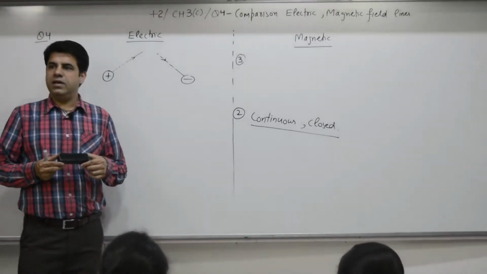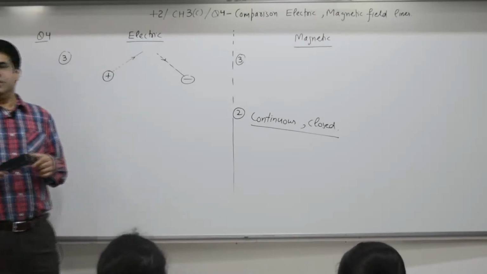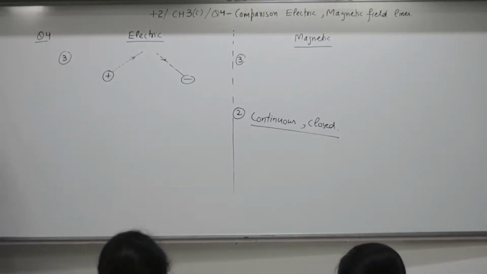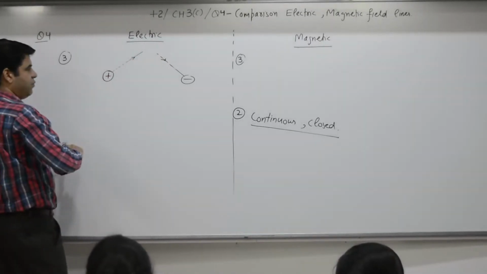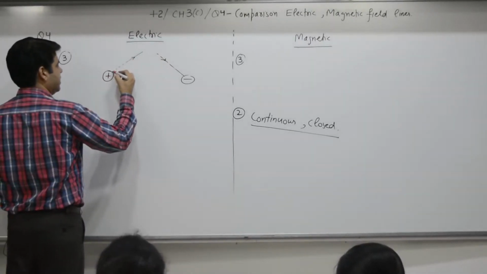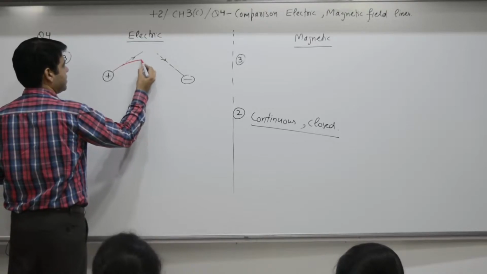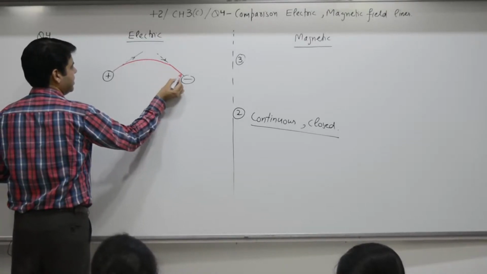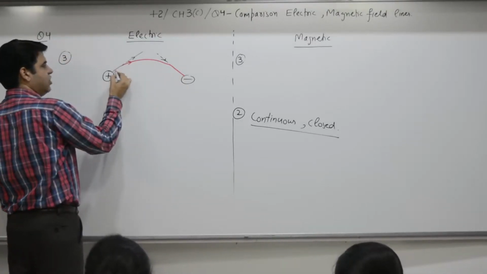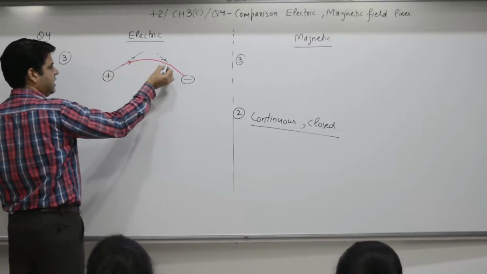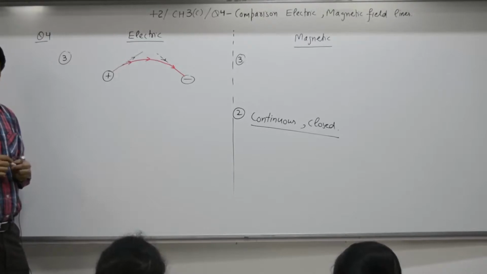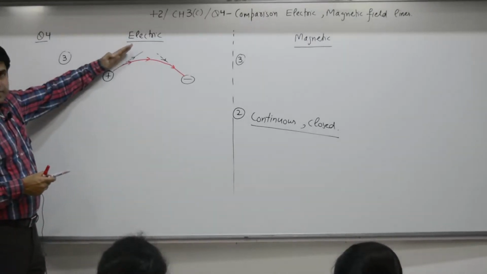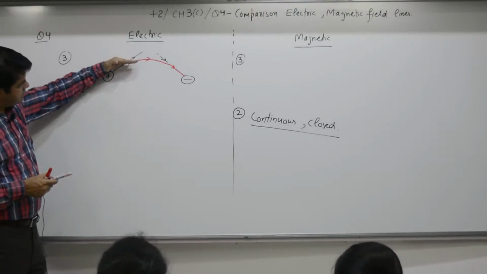Chapter number 1. Then what? Now you will have to modify this. Otherwise they will cut. If you modify this, then modification is of this type. So that condition that they leave the positive charge, enter the negative charge, that meets, and they don't cross each other. So this line has moved along this.